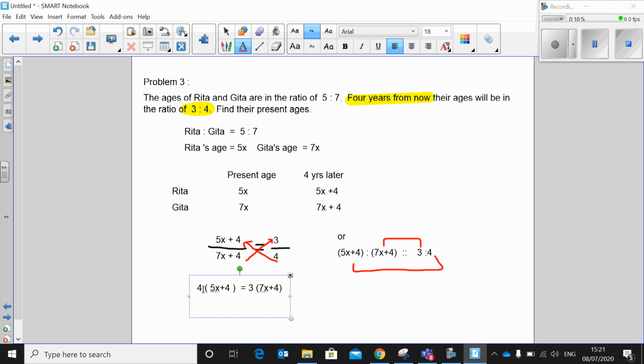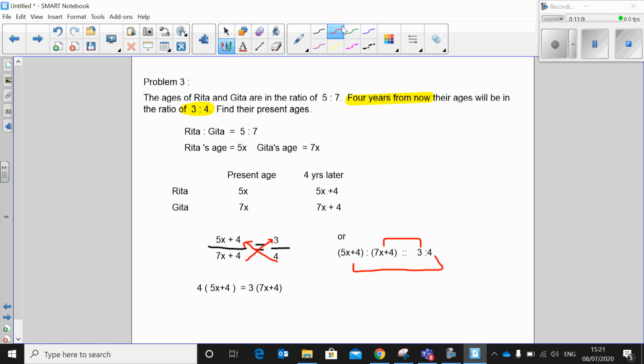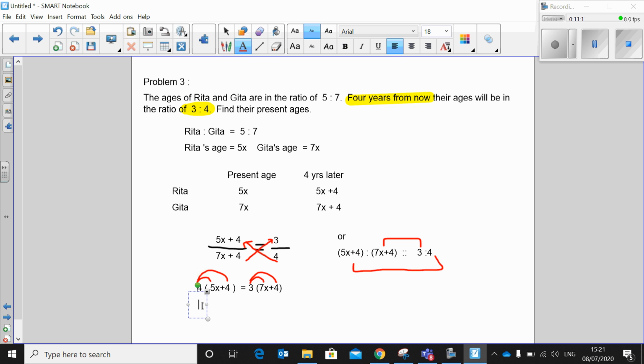So let us simplify. We are multiplying 4 times 5x and 4 times 4. Similarly, 3 times 7x and 3 times 4. So 4 times 5x is 20x plus 4 times 4 is 16, which is equal to 3 times 7x, which is 21x plus 12.